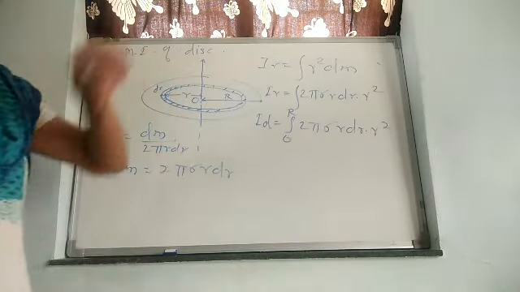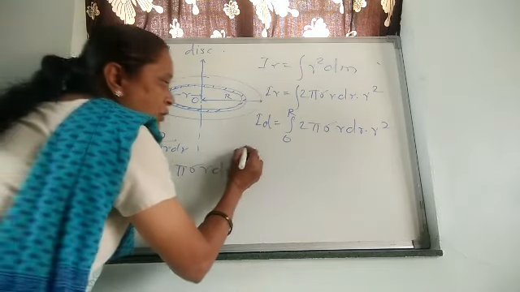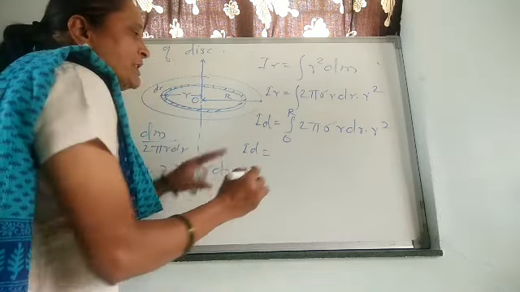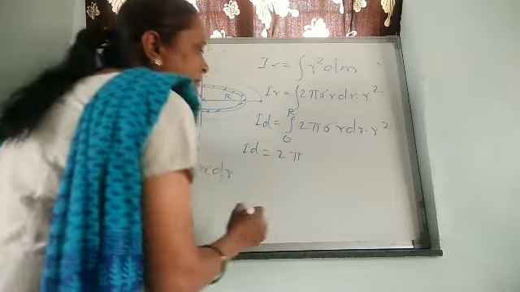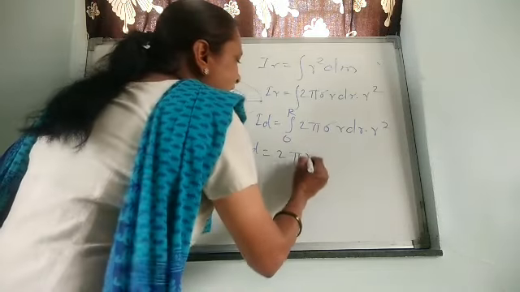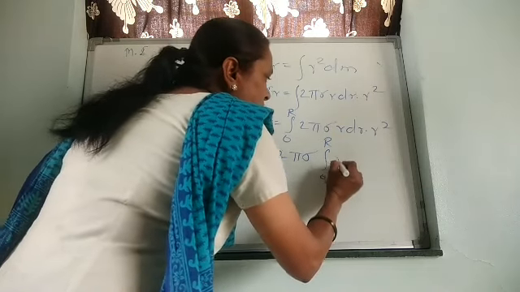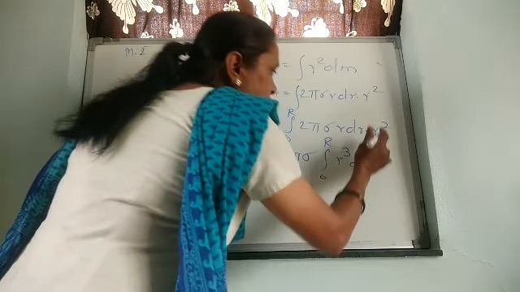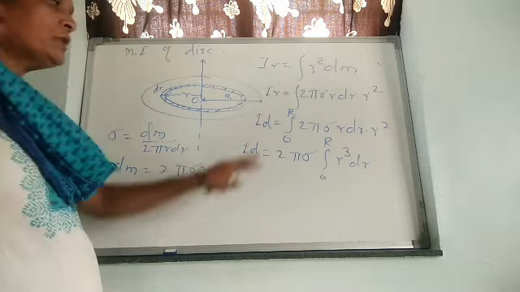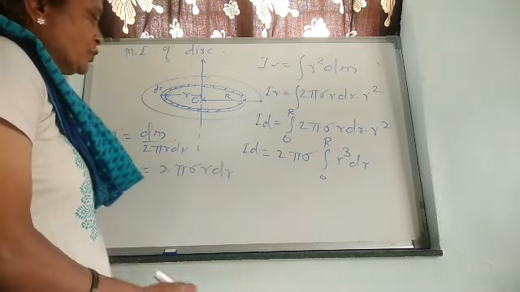Here, 2 pi sigma is constant, so it is out of the integration: integral from 0 to r of r cube dr. Limit ranges from 0 to r.